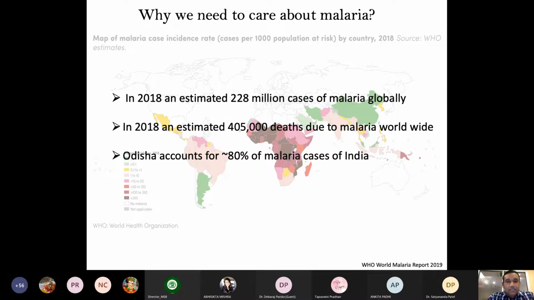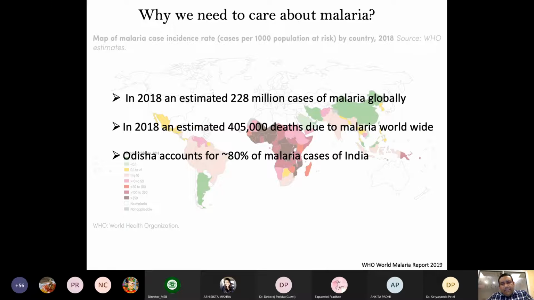The first is that an estimated 228 million cases of malaria happen globally, and almost 500,000 people die of malaria each year. They are mostly children less than 5 years of age. And the third point I wanted to focus on, because I am from Odisha: Odisha accounts for more than 80% of malaria cases in India. So that's the most endemic state in India for malaria.